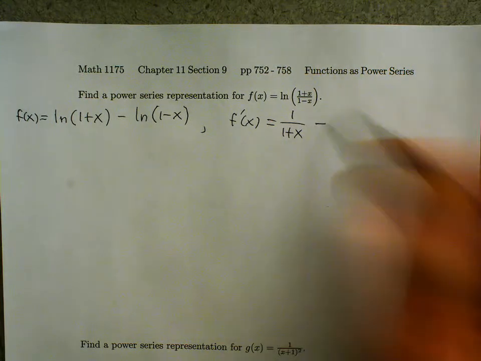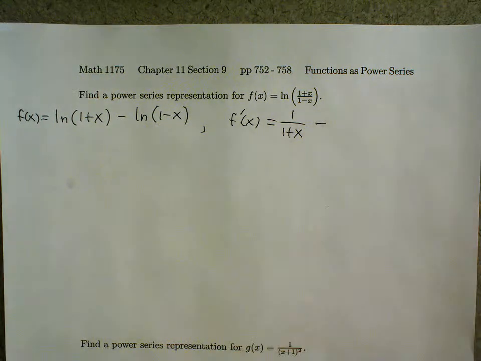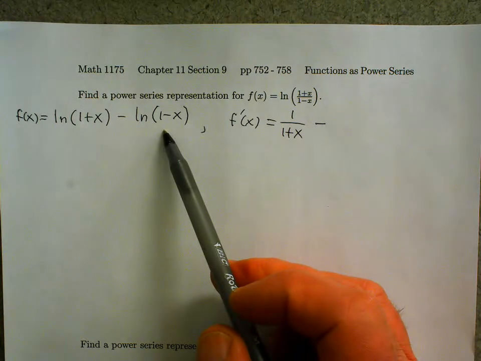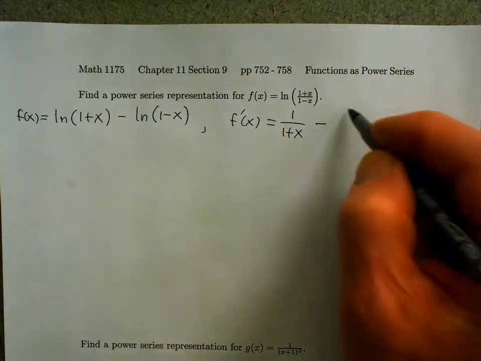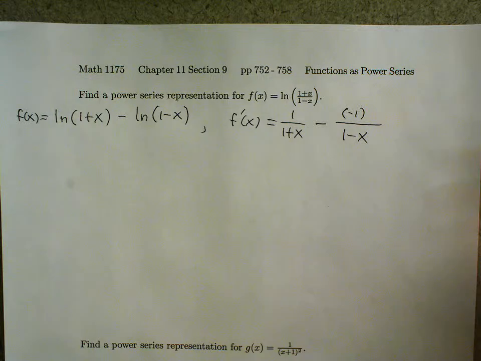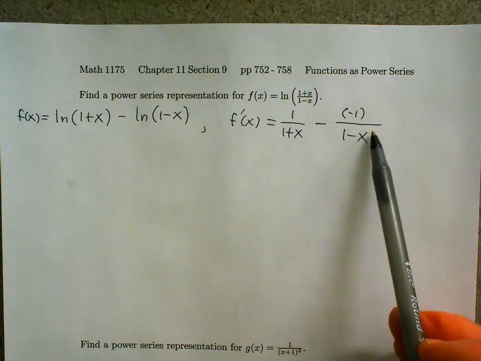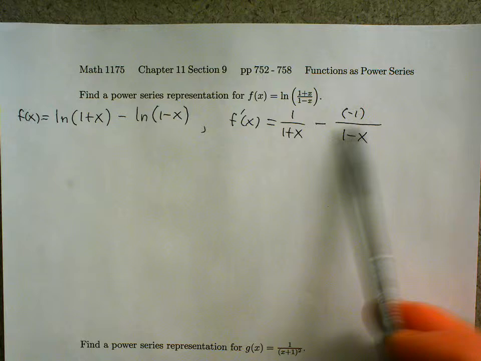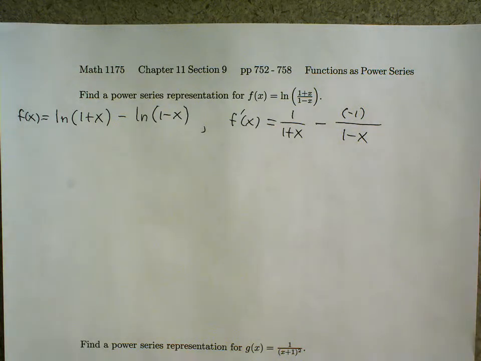And then we're subtracting the derivative of the natural log of 1 minus x. The derivative of the natural log of 1 minus x with respect to x is negative 1 over 1 minus x. The negative 1 in the numerator is the derivative of the 1 minus x from the denominator, using the chain rule.